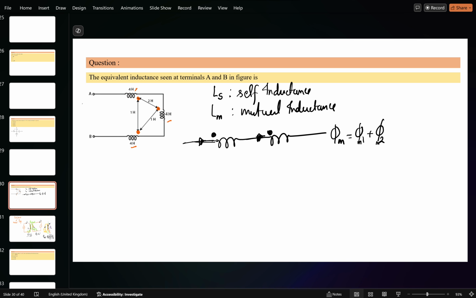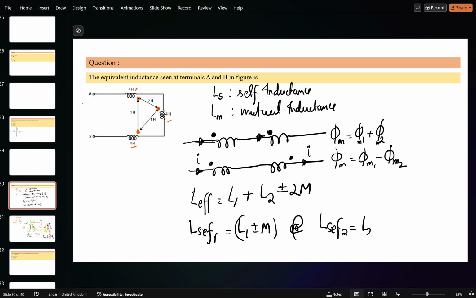So the L effective equation usually is like this: L1 plus L2 plus 2M when it is adding, and minus 2M when it is opposing. And what about the self? Self of one inductance is equal to L1 plus or minus M, and L self of 2 is equal to L2 plus or minus M.